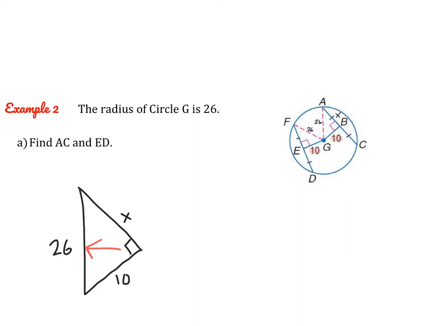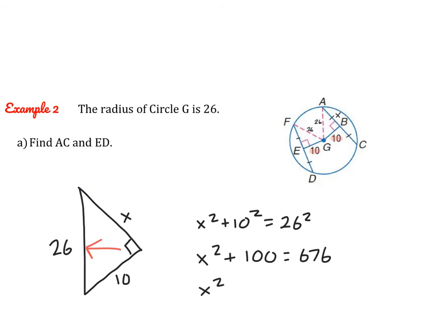Just make sure 26 is your C value. So here's what we have. I'm sorry, I skipped a step. It should be x squared plus 10 squared equals 26 squared. And then 26 squared is 676. So then we're going to subtract 100 from both sides.